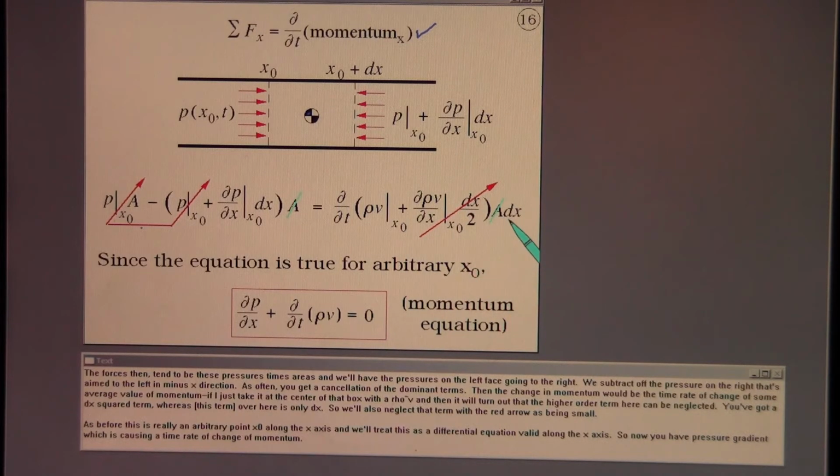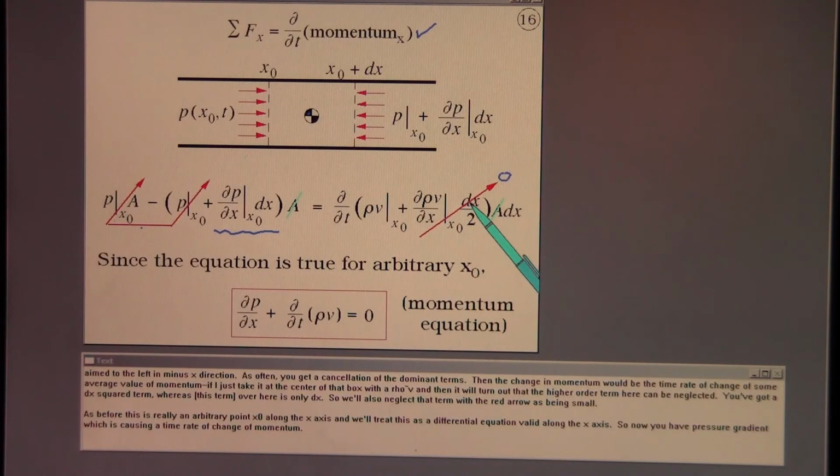You've got a dx squared term, whereas this one over here is only dx. So we'll also neglect that term with the red arrow as being small. As before, this is really an arbitrary point x0 along the x-axis, and we'll treat this as a differential equation valid along the x-axis. So now you have the pressure gradient, which is causing a time rate of change of momentum.